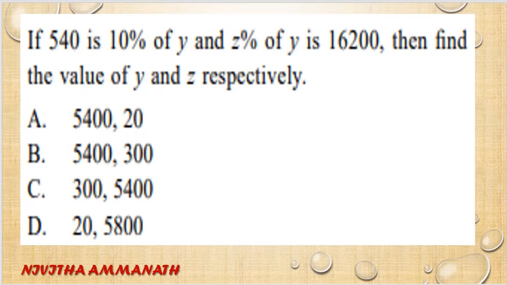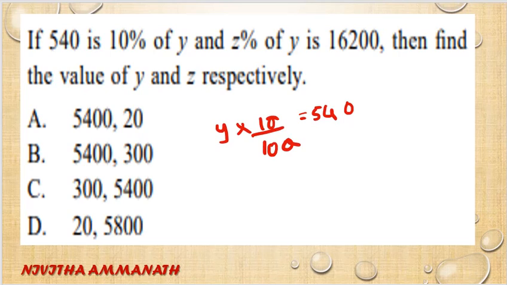If 540 is 10% of y and z percentage of y is 16,200, then find the values of y and z respectively. 540 equal to 10% of y, that is y into 10 by 100.